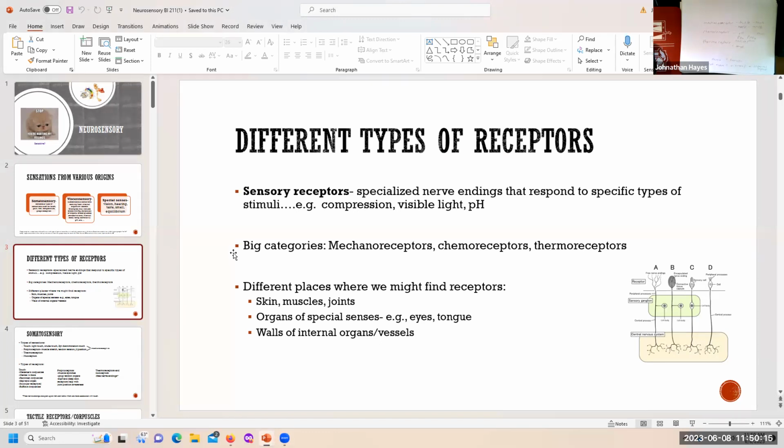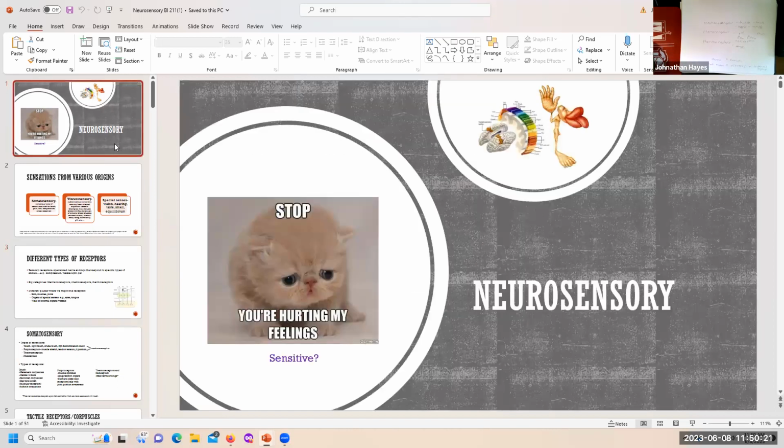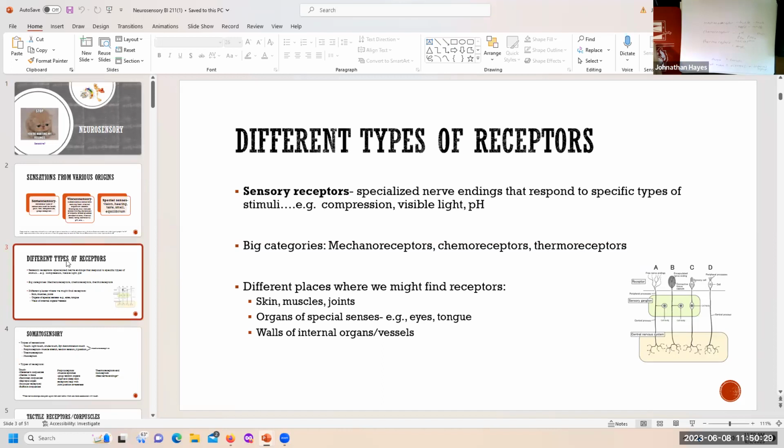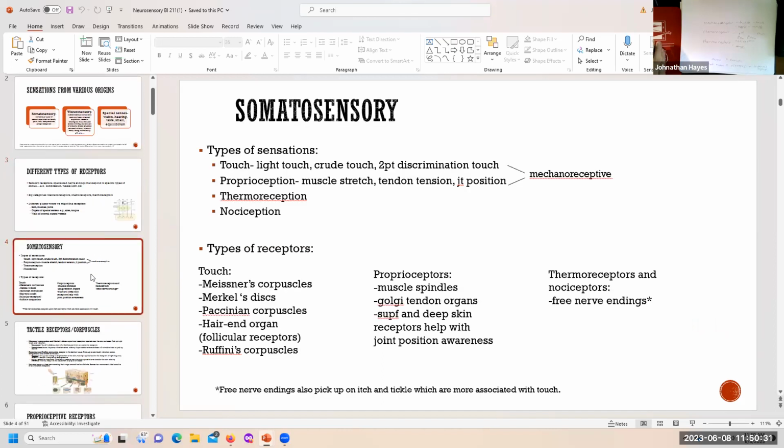So if any of those parts get affected, of course, we're going to lose some of our ability to pick up sensation. And so you might have some type of numbness or just absence of stimulus, right? So again, it's pretty redundant in nature, but this is just focusing on the neuroanatomy and the neurophysiology from the sensory perspective.